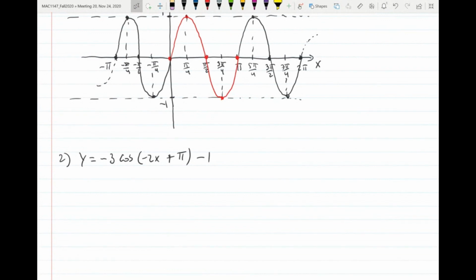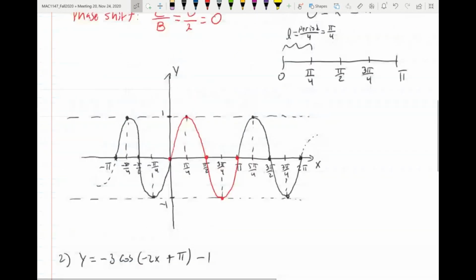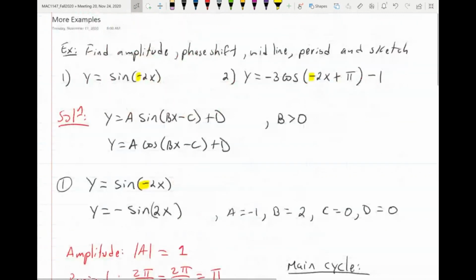Okay, so let's see. The first thing, remember, is to make sure that this is in standard form. Is this in standard form? Okay. So let's see. What restriction do we have on B? Remember, what do we say about B? B has to be positive, right?